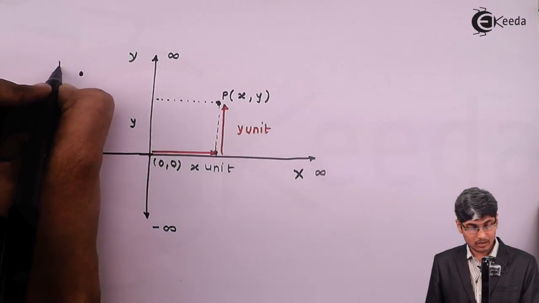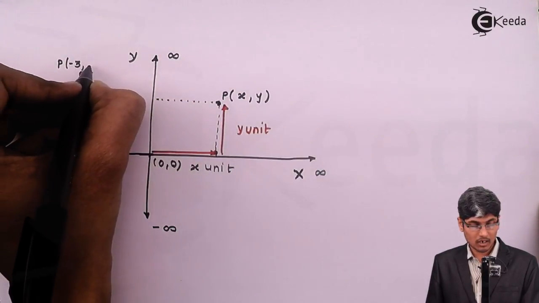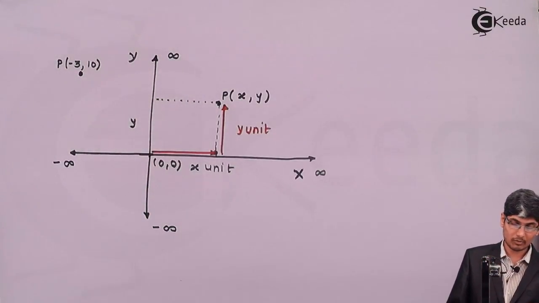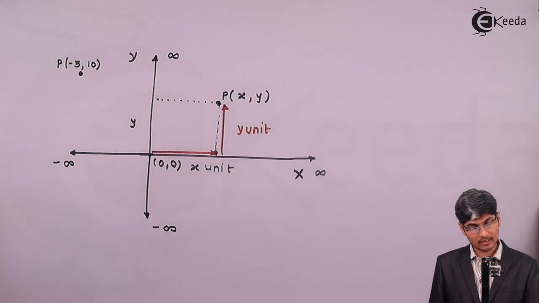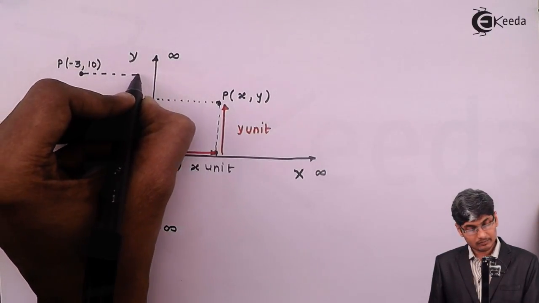I have a point P which is giving me the value minus 3 comma 10. Okay, the value of the point is minus 3 comma 10. How can I reach this point? By joining the line from here.